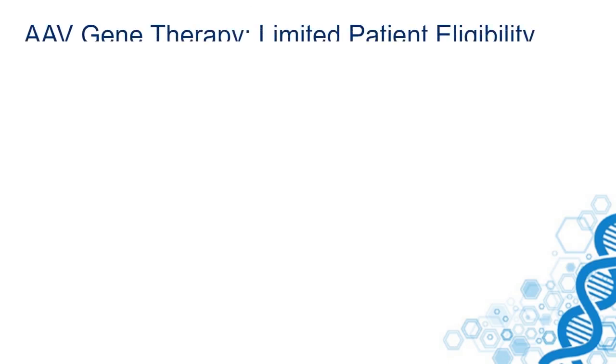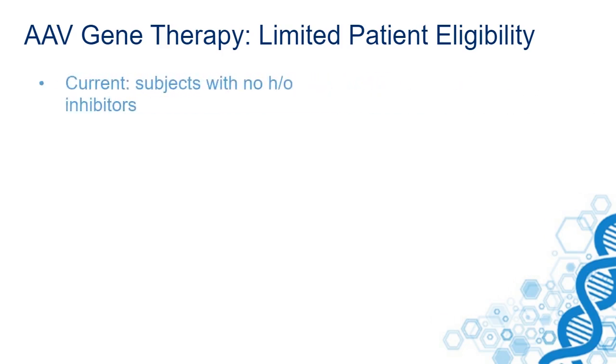So overall, there are some really positive things with AAV gene therapy and some continued challenges and questions. One of the issues is limited patient eligibility. Current subjects can have no history of inhibitors, although I have to say there are a number of studies being developed to look at inhibitors, so that likely will not be true in the future.